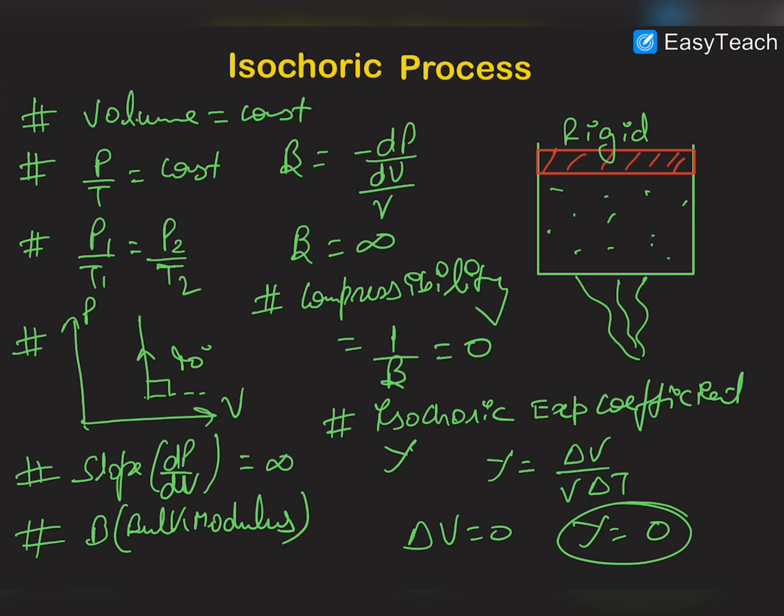And we can also say that the melting of ice is an isochoric process, although we know that the density of ice and the density of water are not the same. If m mass of ice melts, then the mass of water formed is the same.